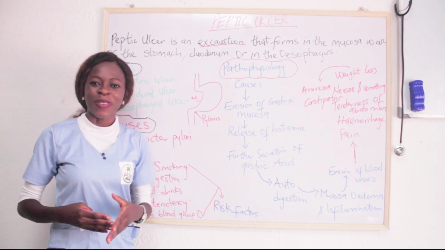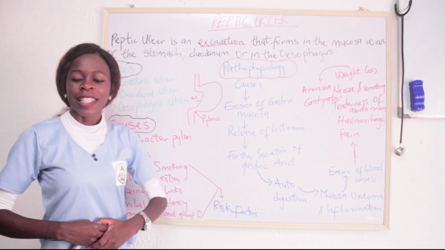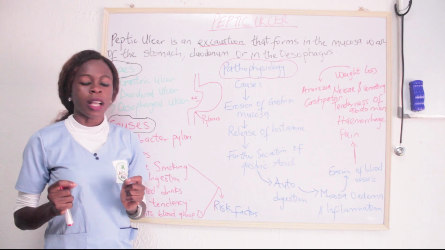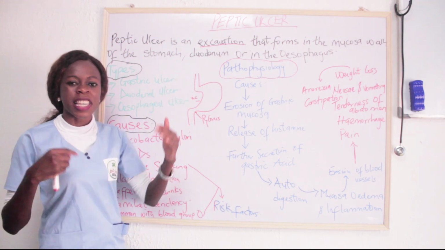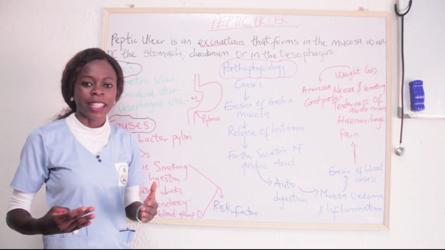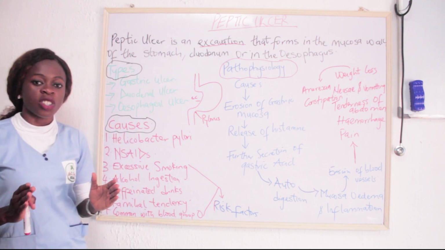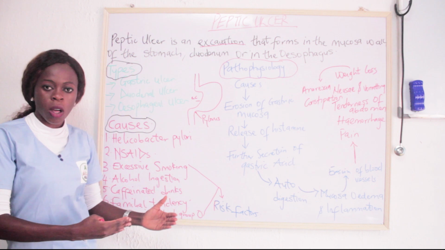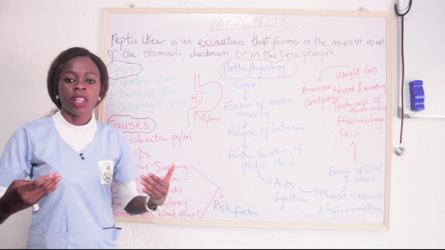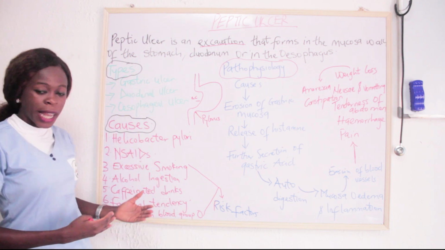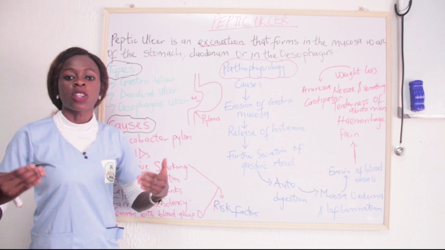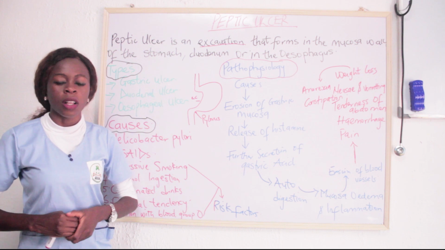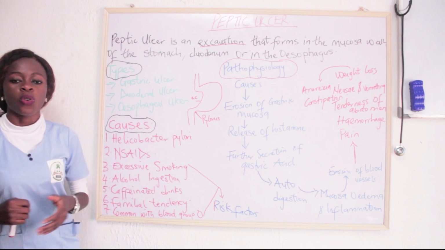As the name implies, esophageal simply means esophagus, so in esophageal ulcer, the esophagus is being affected. So it's very easy to remember the types of ulcer. We have the gastric ulcer, which affects where? The stomach. We have the duodenal ulcer, which affects the duodenum. And we also have the esophageal ulcer, which affects the esophagus.